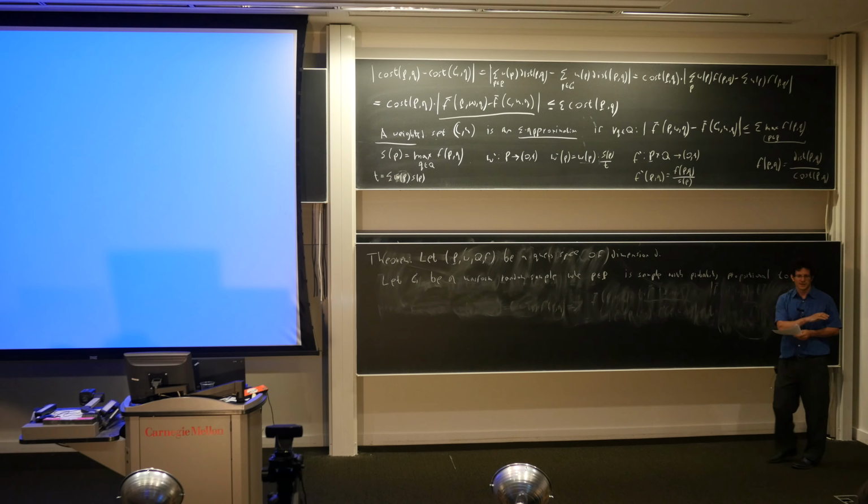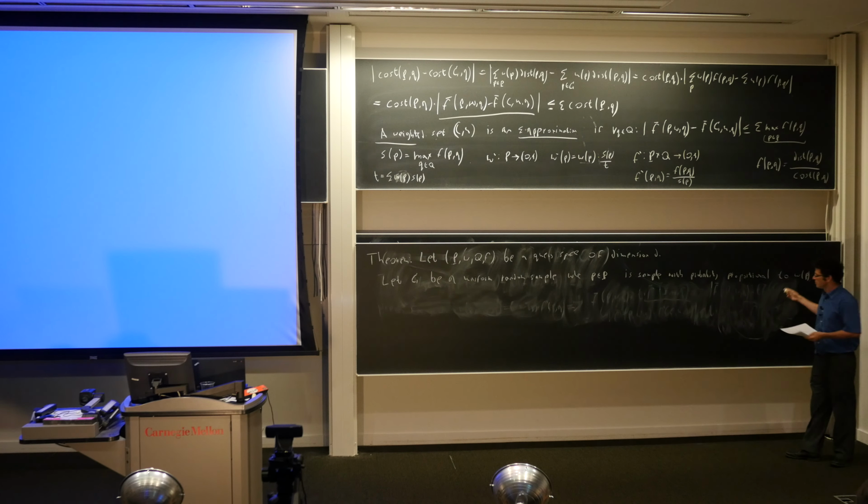So if all the points have the same weight, then it's just 1 over n, it's uniform sampling. If some point is more important, just use this importance.